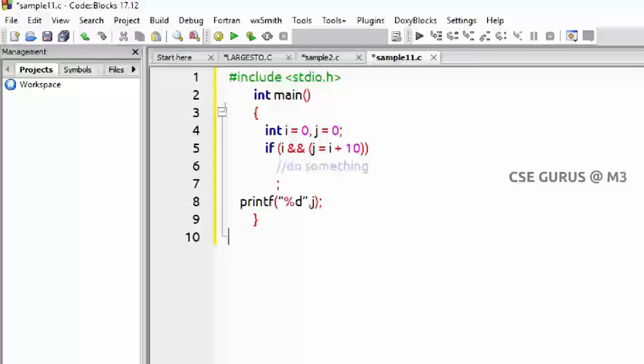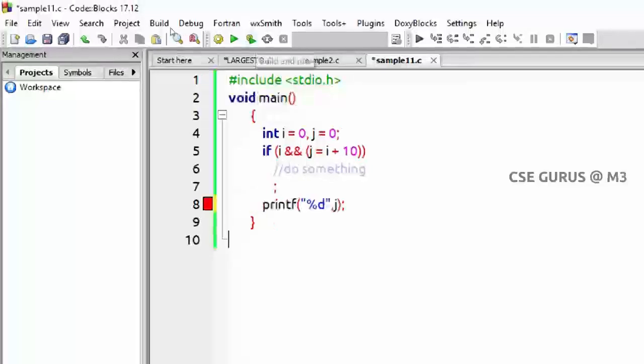See, this j equals i plus 10 will be executed whenever i value is 1. Why? Because 1 and something we have to evaluate, but 0 and something is always 0. That's why it won't be executed. For this case i equals 0, so 0 and something means j value will not be changed, right? So j has to be printed as 0. You can check it out.